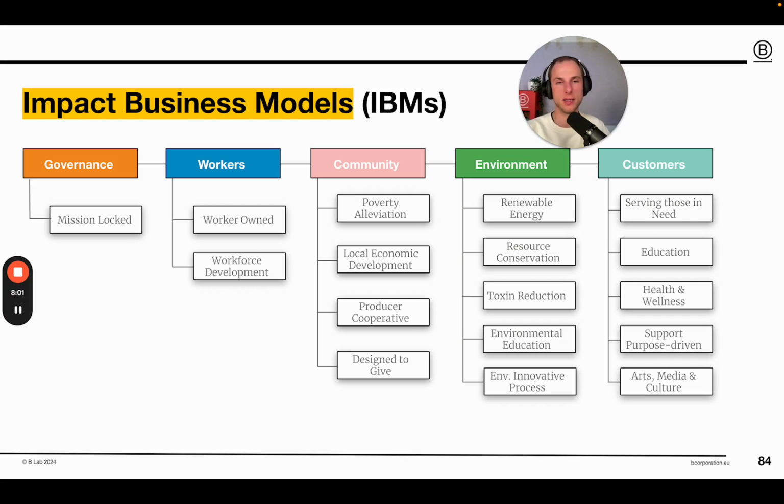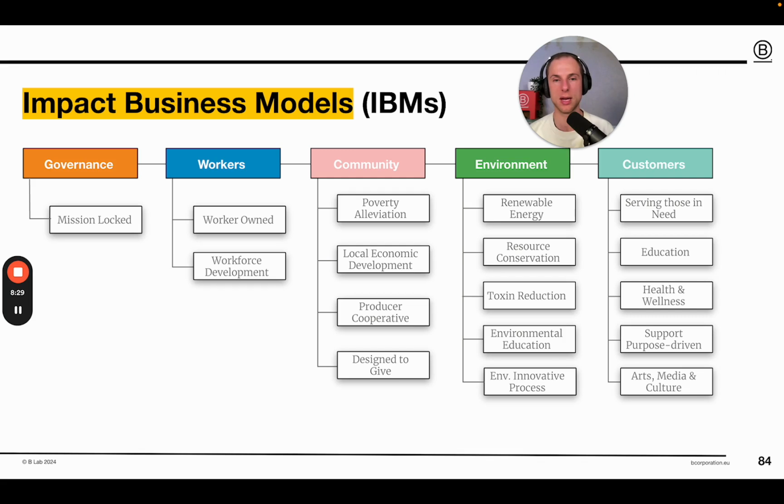And you'll find that in the governance area, for example, there's only one impact business model, which is called mission locked. And this is the mandatory IBM, so the mandatory impact business model, because it recognizes you having amended your articles of association, as you will have heard, is a requirement for B Corps. For the other impact areas, there are a couple of impact business models available.